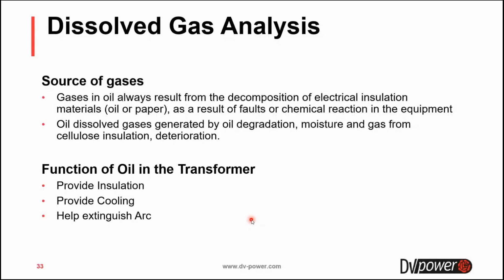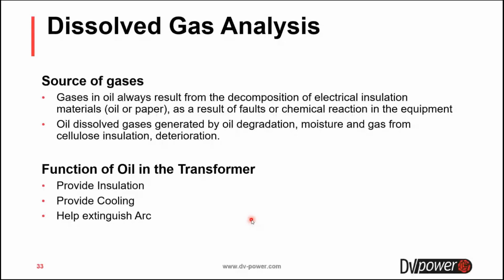Dissolved gases are generated by oil degradation, moisture, and gas from cellulose insulation and its deterioration. We all know the function of oil in a transformer. The primary functions are to provide insulation and cooling, and sometimes to help extinguish arcs, which is not a favorable condition, but it is used for that.